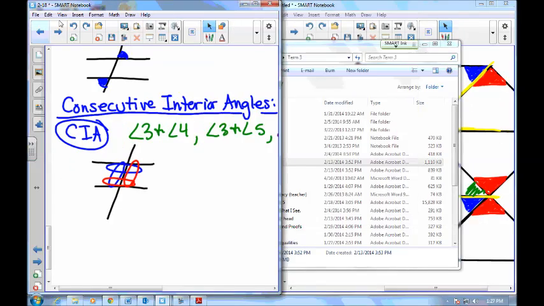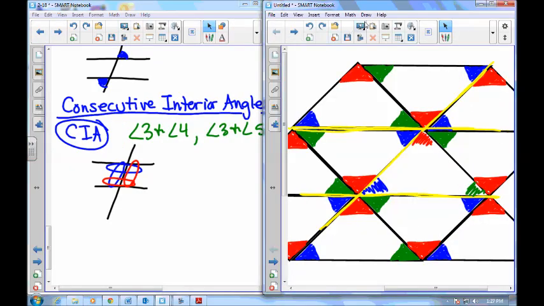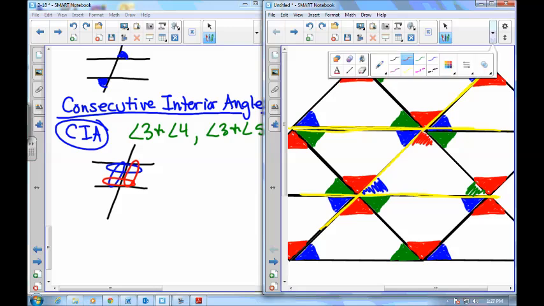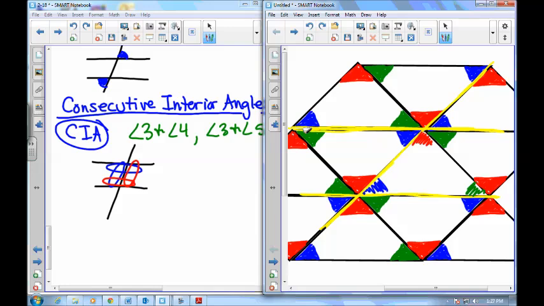Would you take a crayon of a color you have not used yet, and will you find two parallel lines and a transversal like I have done here? Take a crayon and highlight on your tessellation two parallel lines and a transversal.